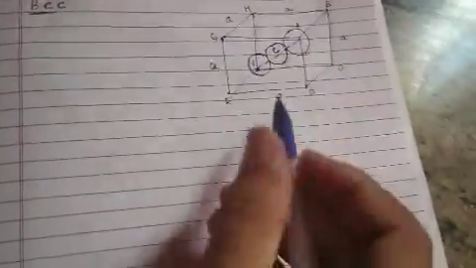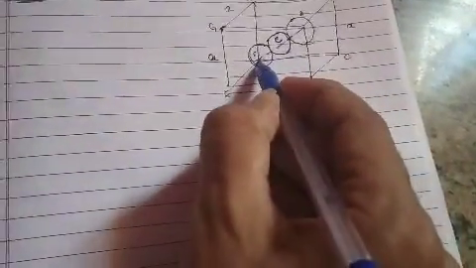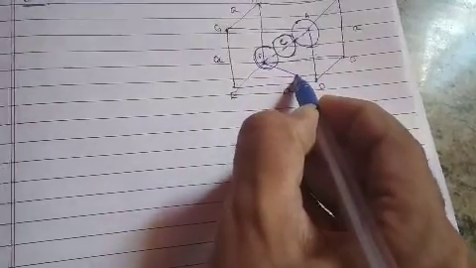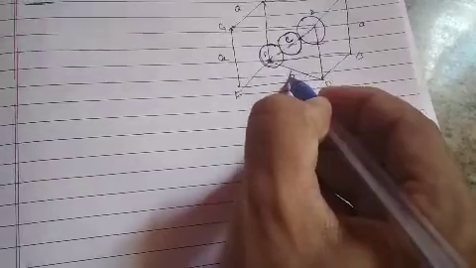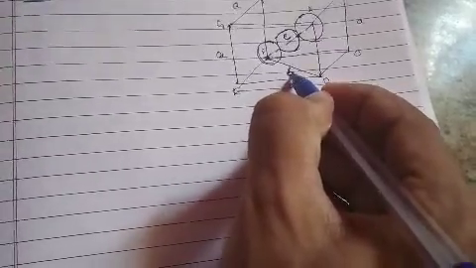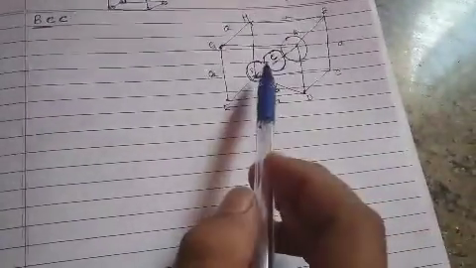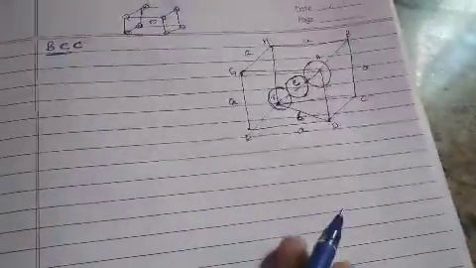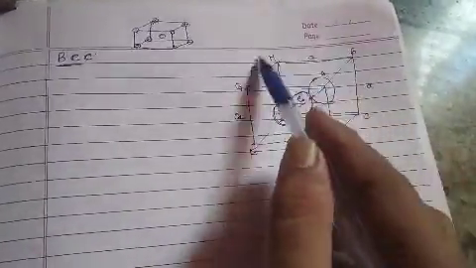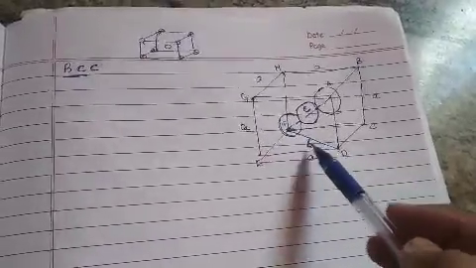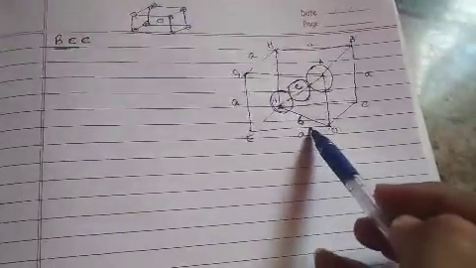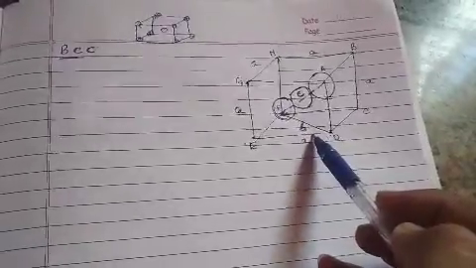I'm drawing one more line over here. Let this also be a diagonal, called FD. Let me call it b. So let BFD be a diagonal. What we have considered: let the cubical edge length be a, and let the diagonal FD be represented by b.